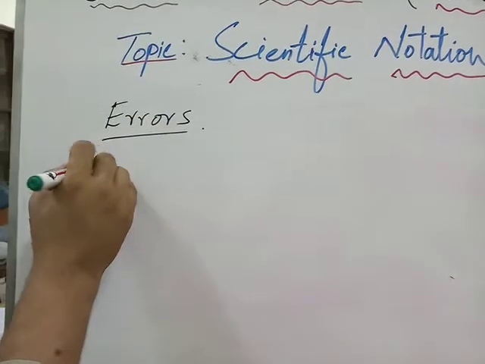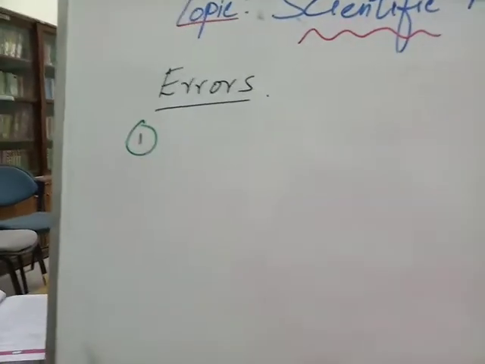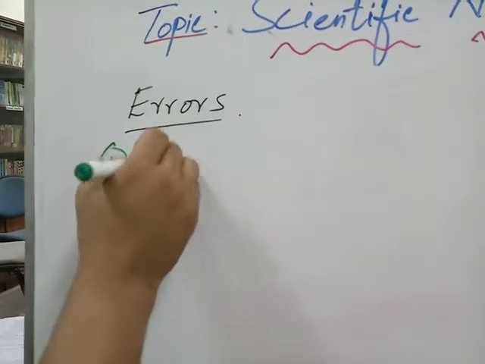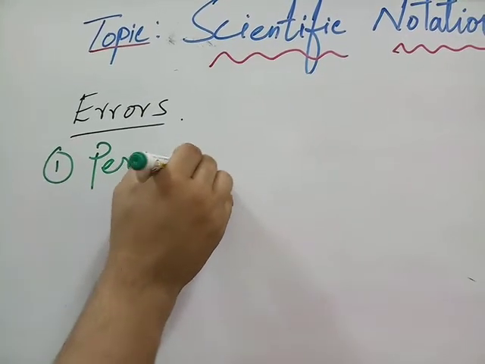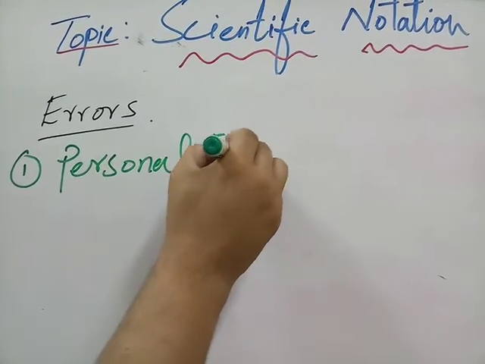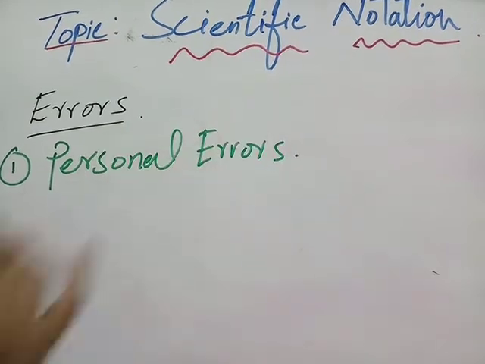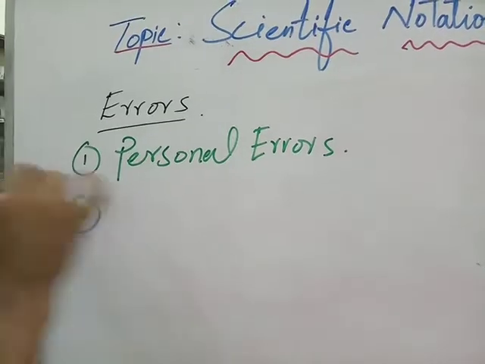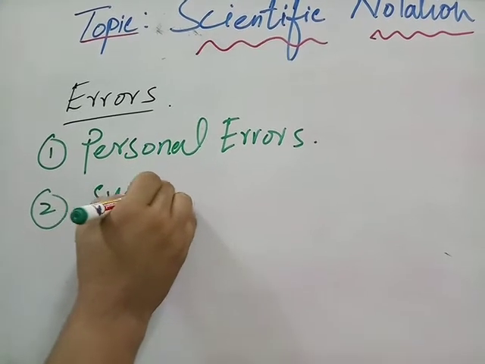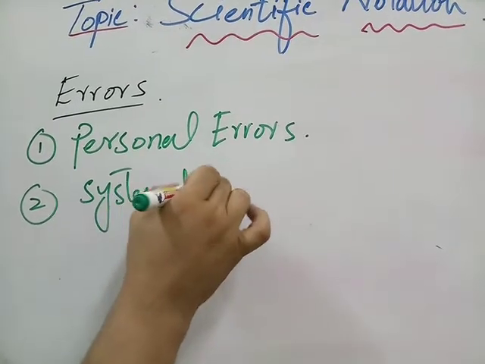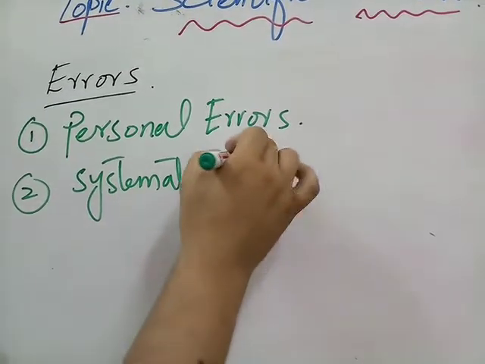The first is personal errors. The second is systematic errors.